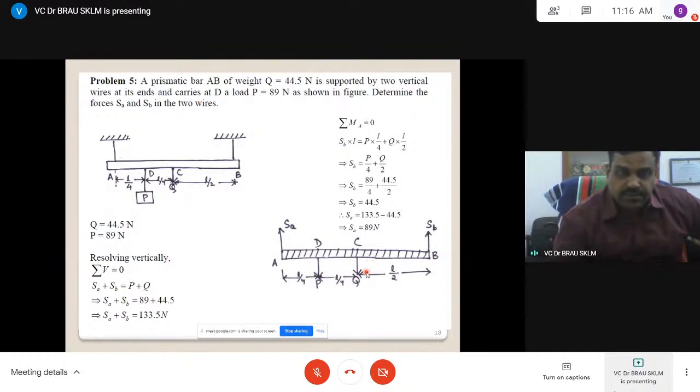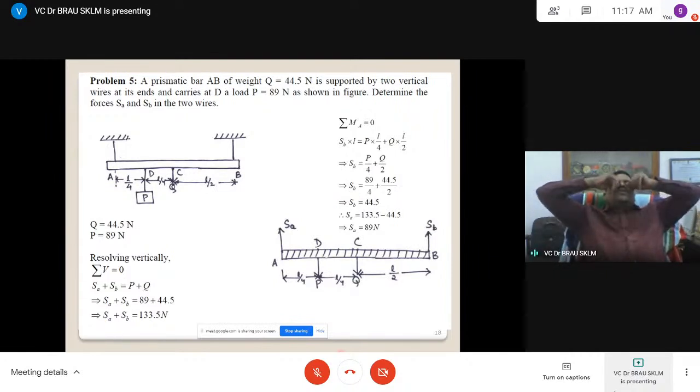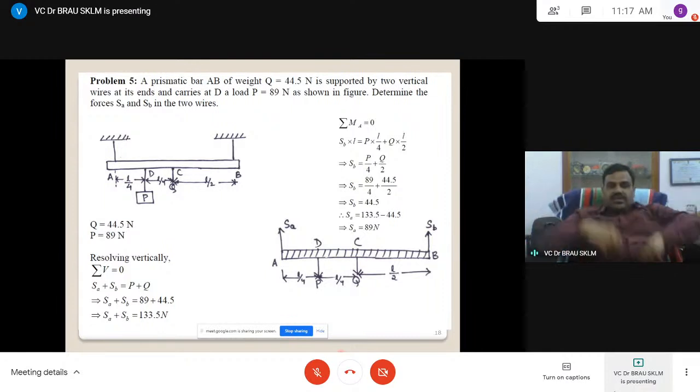So SB into L, total L, is equal to P into L by 4 plus Q into L by 2. From that, find SB. Substitute this SB in the first equation and we find SA. This is how the free body diagram can be represented and the unknowns determined.